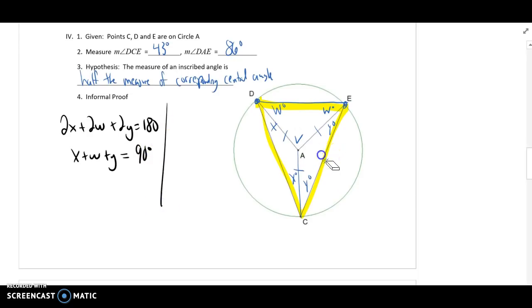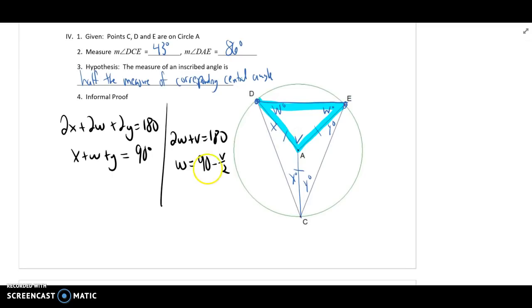Next step, look at this triangle. It's another triangle, so I know the 3 angles in that triangle add up to 180. So 2W plus V is equal to 180. And if we solve this equation for W, we get that W equals (180 minus V) divided by 2. That'd be 90 minus V over 2. Then we can take this W and plug it in.